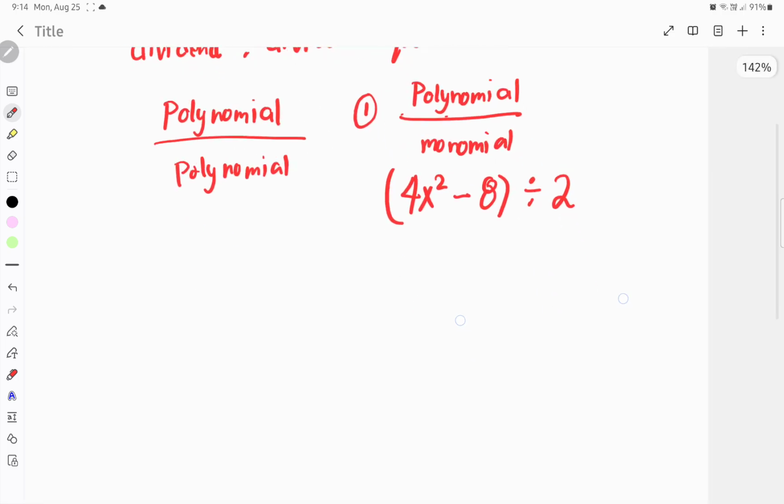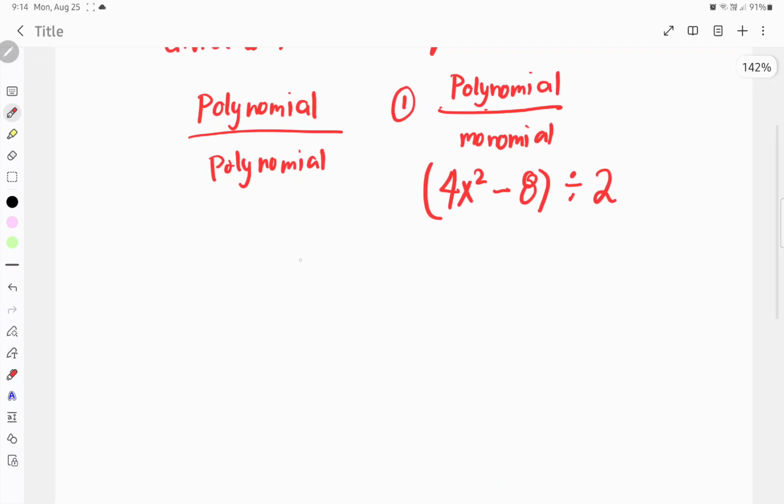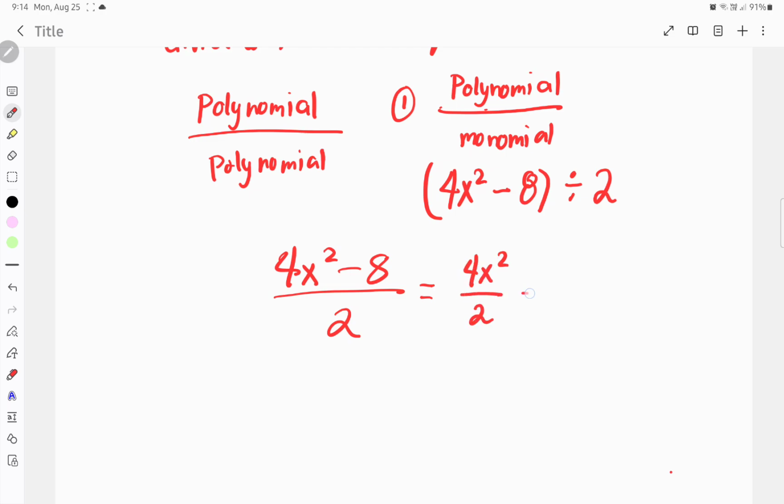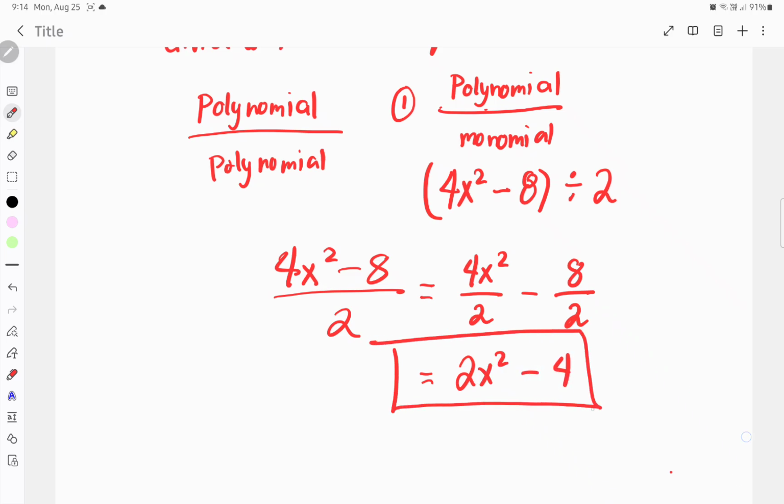We can write that with a separation for each term. So it will have now 4x squared divided by 2 minus 8 divided by 2. Getting now the quotient is much easier. So you have now your 2x squared minus 4, and this is now the quotient.